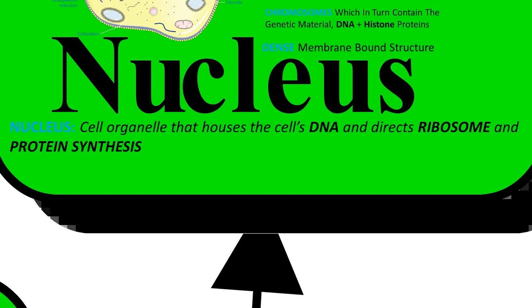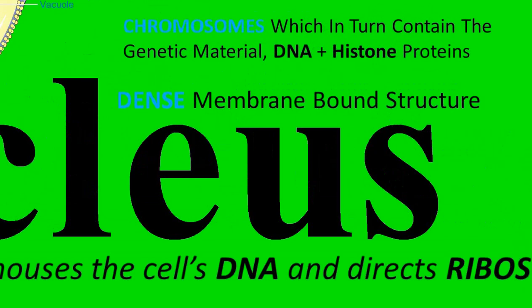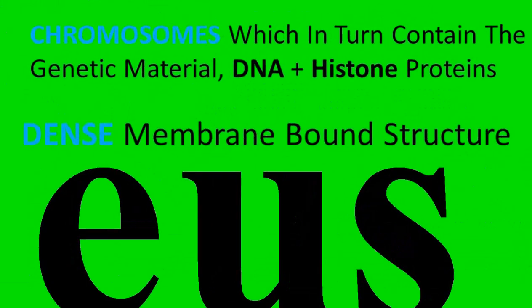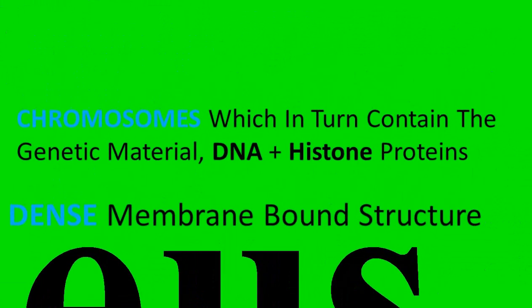Let us see where it is present. Usually the nucleus is a dense, membrane bound structure present in the cytoplasm, and inside it chromosomes are present. These chromosomes contain genetic material, that is DNA, along with histone proteins.